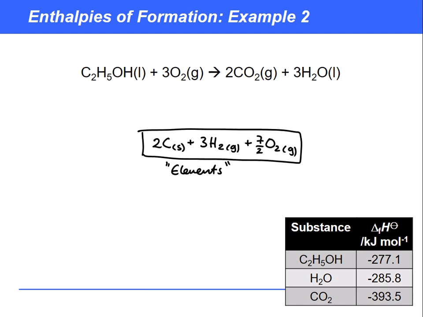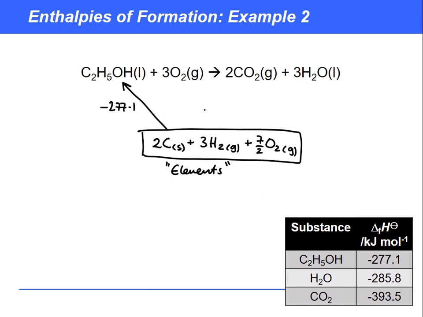Just put a box around them. So now we have to go from the elements up to the products, and for ethanol here we find that value there was minus 277.1.